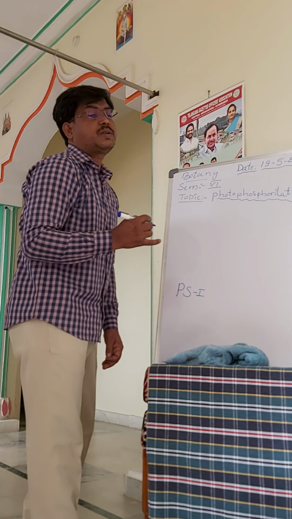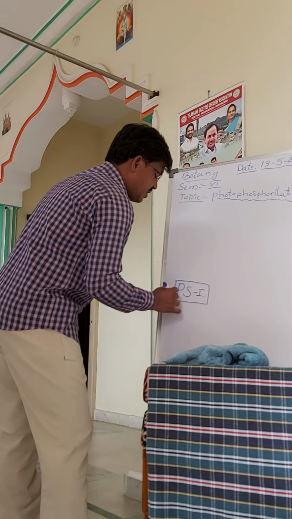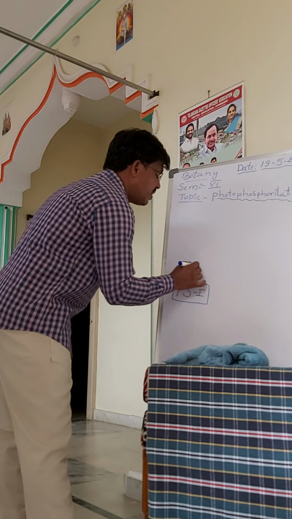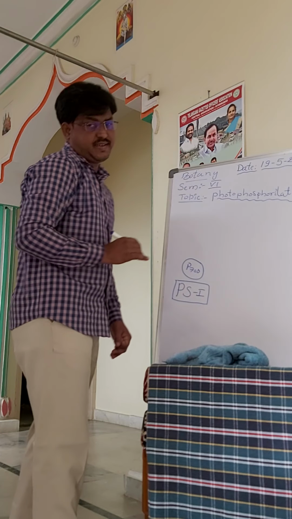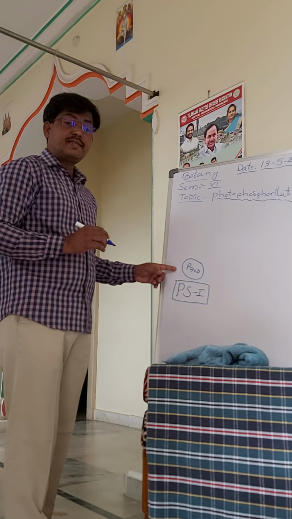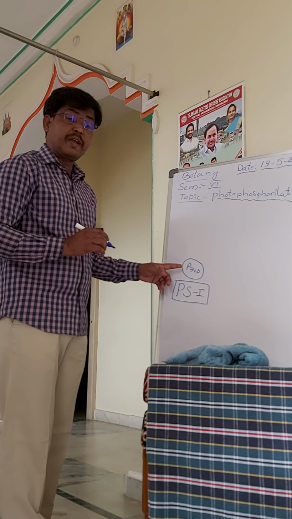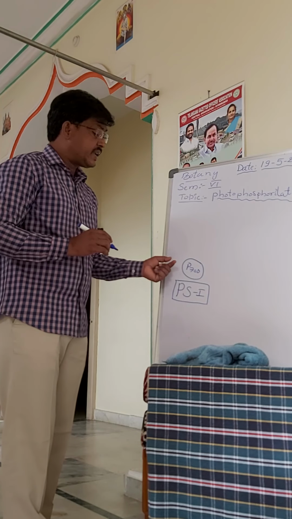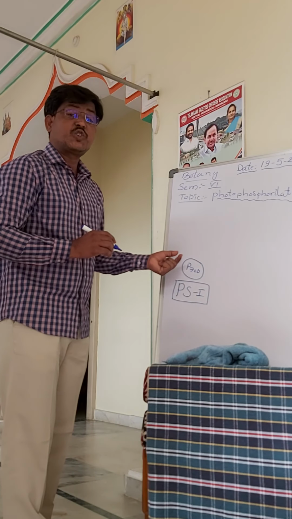In this photosystem 1, the reaction center is P700. P700 is chlorophyll pigment A. It acts as the reaction center in photosystem 1 because it is able to receive the 700 nanometer wavelength of the spectrum.